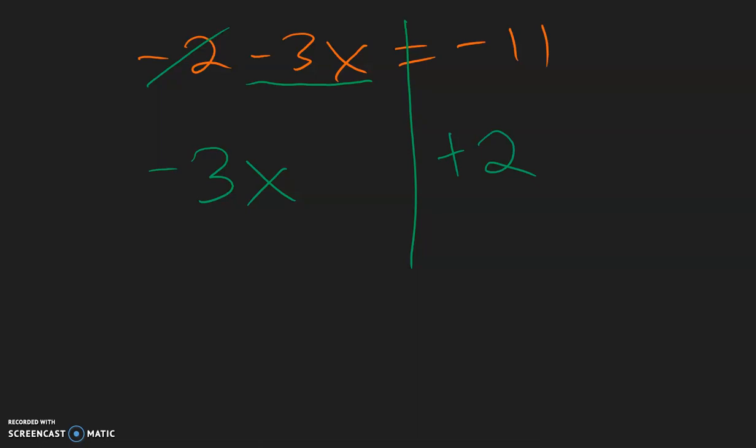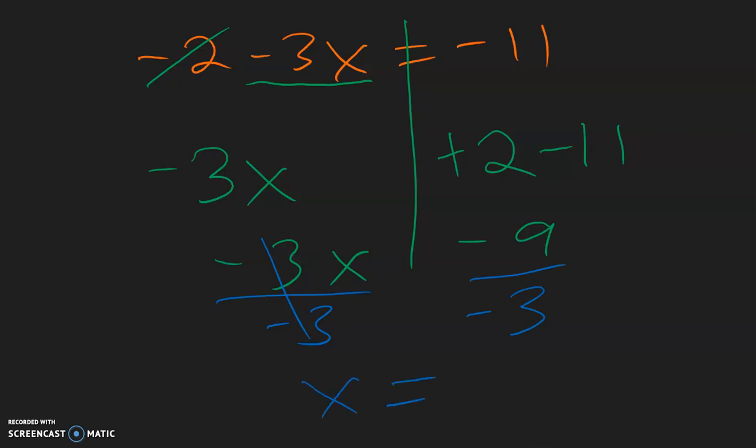And this negative 11 is already on the right side, so we can just copy it down. So on the left side, we have negative 3x. On the right side, we have 2 minus 11, which is negative 9. And then step 2, divide by negative 3, so we can get x by itself. Negative 9 divided by negative 3 is positive 3.